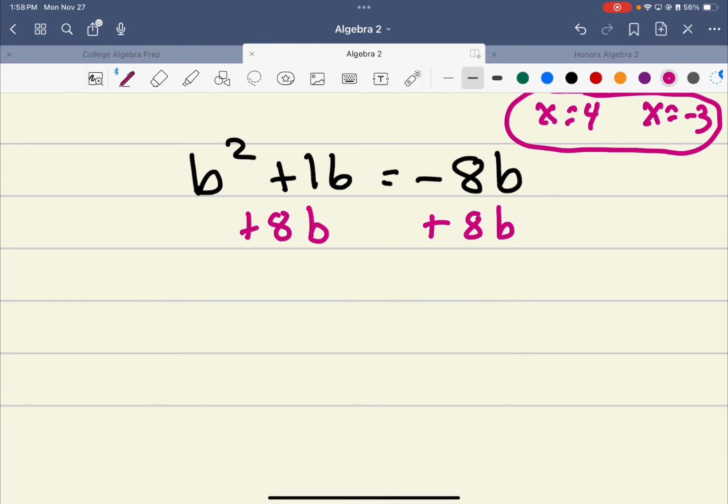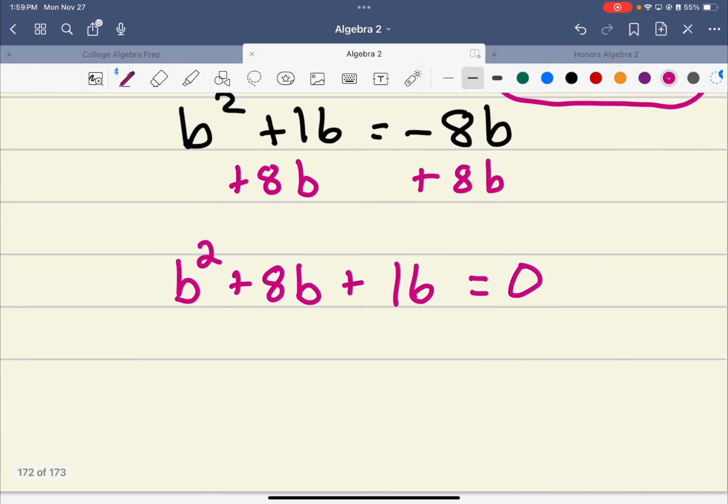Now I'm going to put it in standard form. Standard form, you take the exponents from largest to smallest. So we've got b squared plus 8b plus 16 equals 0. Now we've got it set up how we want it. So we've got 16 on the top, 8 on the bottom.